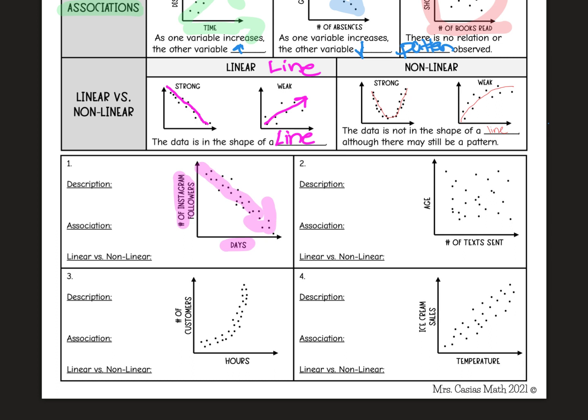Are both my X and my Y heading in the same direction? Well, as my days increase, my followers are going down. The variables are not increasing together, so this would be a negative association. With a negative association, as one goes up, the other one goes down.